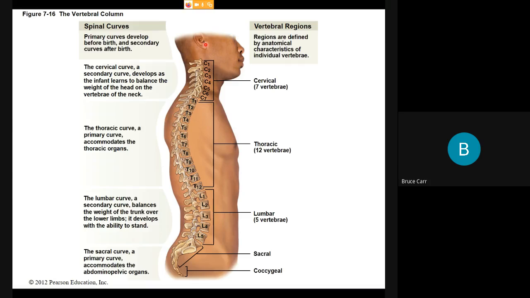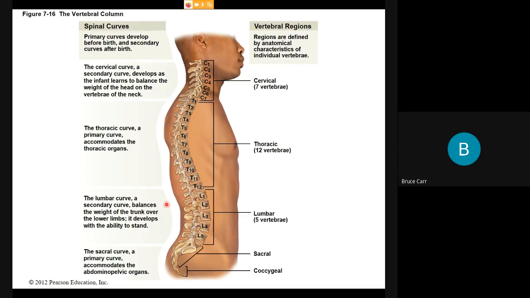When it starts holding its head up, the weight of the head presses down on the cervical vertebrae and develops this secondary curve with the bulge slightly forward. As the baby learns to roll over, to sit up, and then to stand, the weight of the body comes down on the lumbar region and produces another forward bulging secondary curve, the lumbar curve.